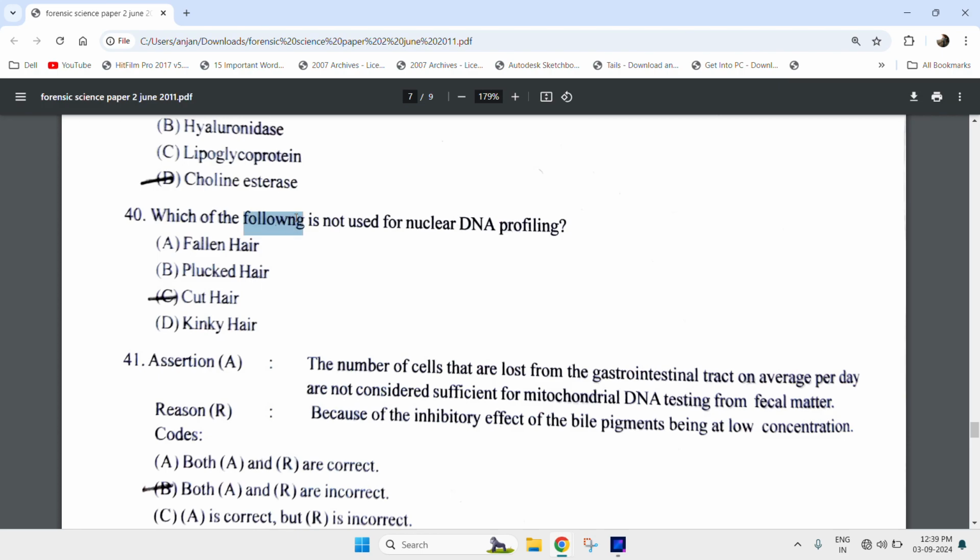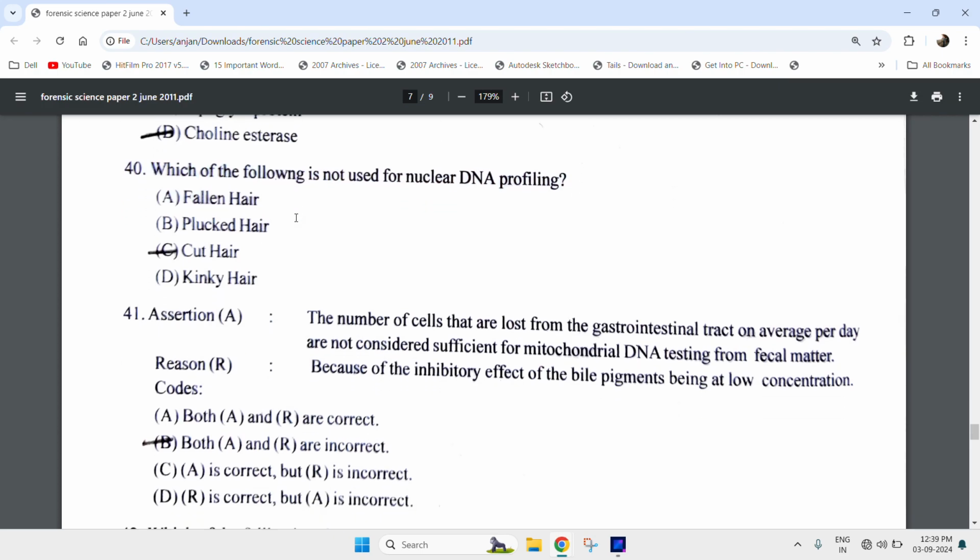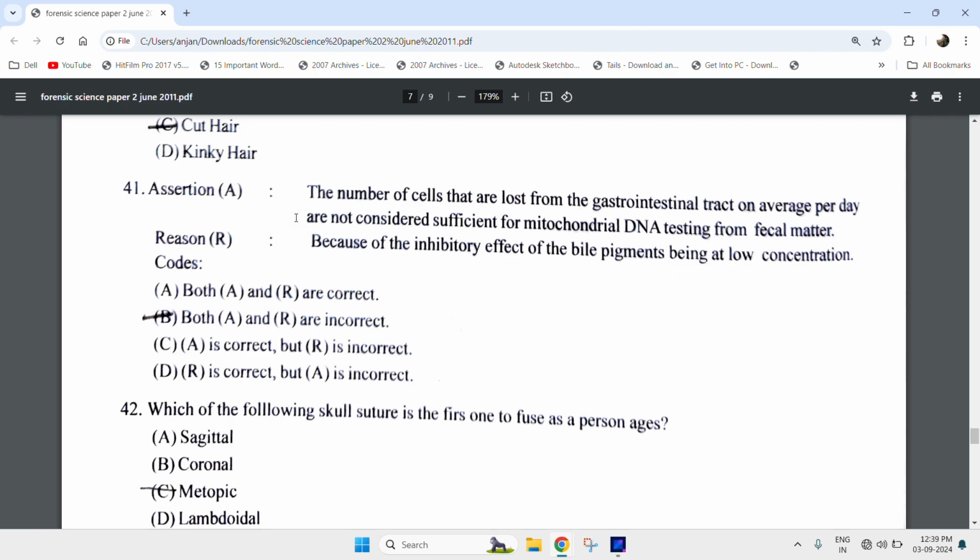Which of the following is not used for nuclear DNA profiling? Cut hair. Assertion A: The number of cells that are lost from the gastrointestinal tract on average per day are not considered sufficient for mitochondrial DNA testing from fecal matter.